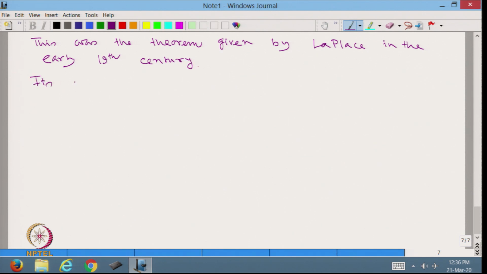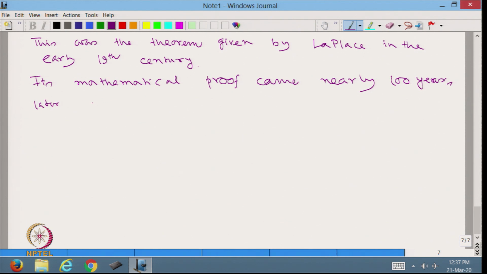Its mathematical proof came nearly 100 years later, in 1901, by Lyapunov, but that is a rigorous proof.